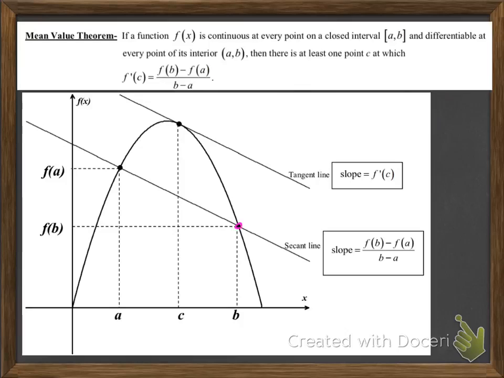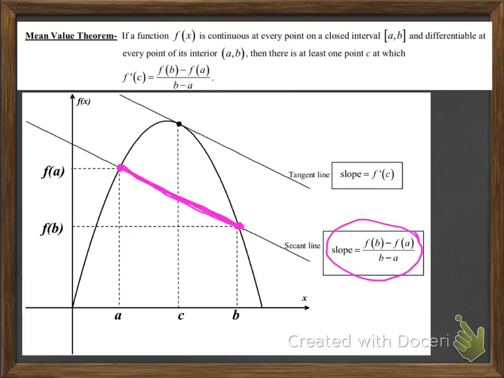So we have this point and we have this point. Those represent the interval that we're looking at, so from A to B. Now, if we consider the slope of this secant line that goes between these 2 points, the slope of that secant line is this right here. That's the f of B minus f of A over B minus A.